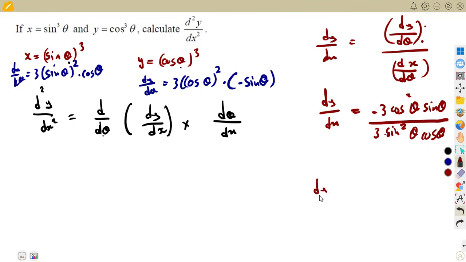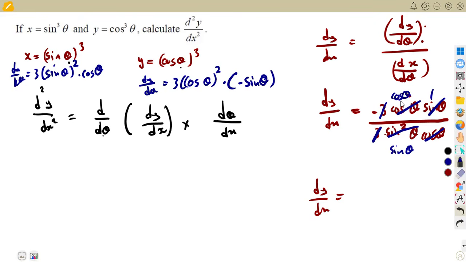So if you take a closer look, some of the things here can be simplified. What is it that we can simplify? Let's check. We have 3 into negative 3, that's negative 1. Sine into sine squared, you're going to remain with 1 sine theta here. Here there are 2 cos, so you're going to remain with cos theta on top.